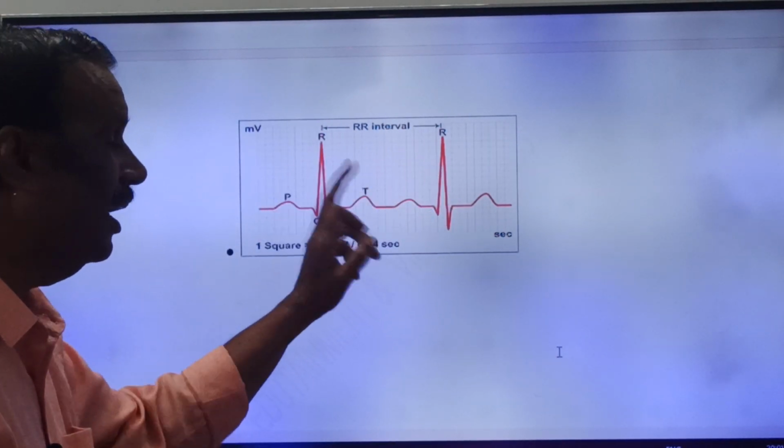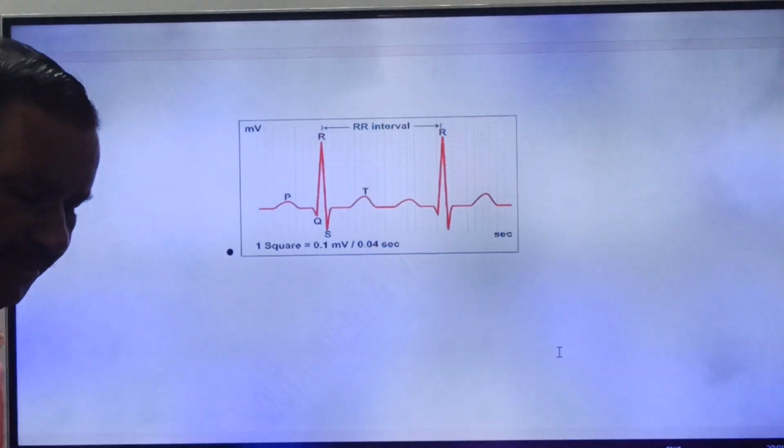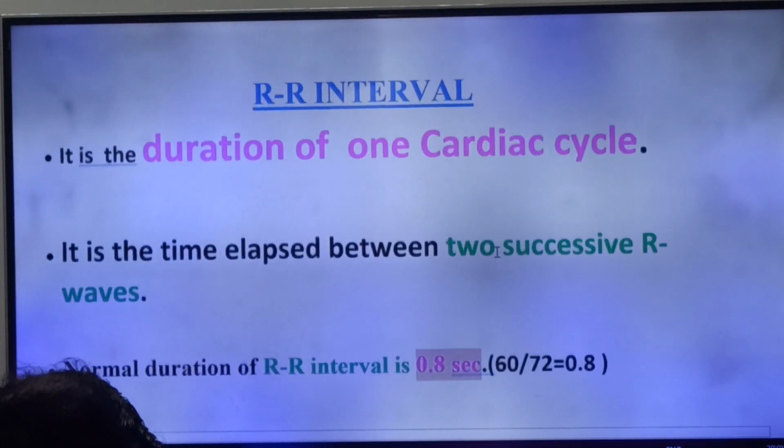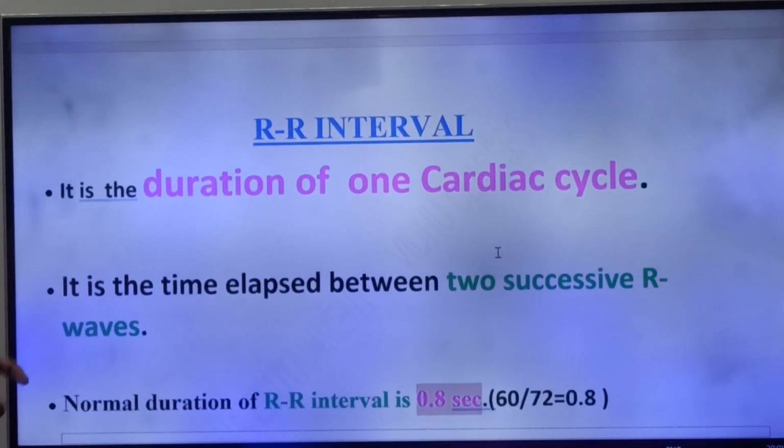The duration of one cardiac cycle is called the RR interval. It is the time elapsed between two successive R waves, or two successive cardiac cycles.